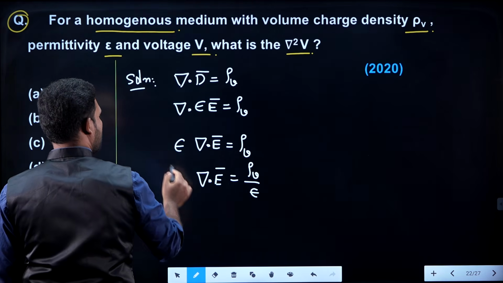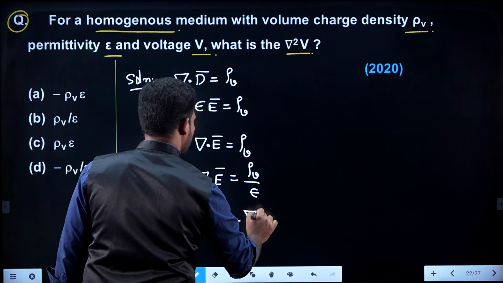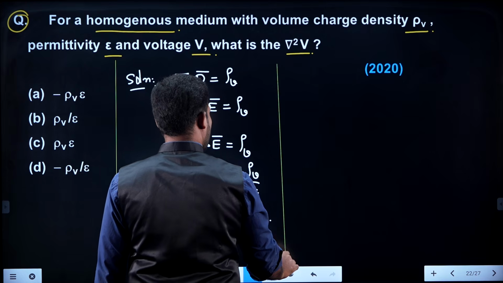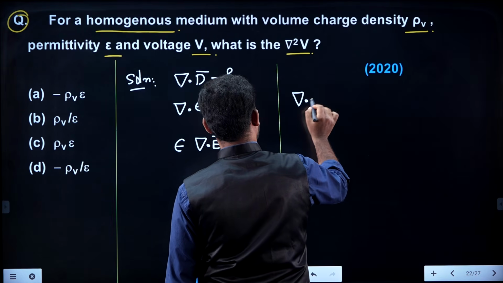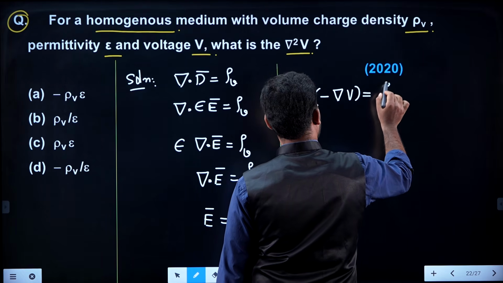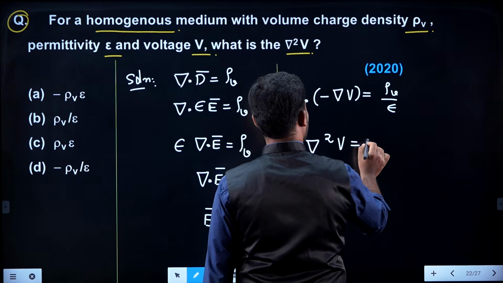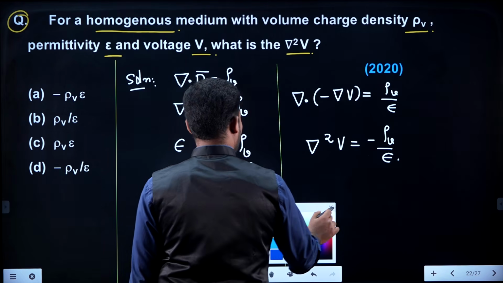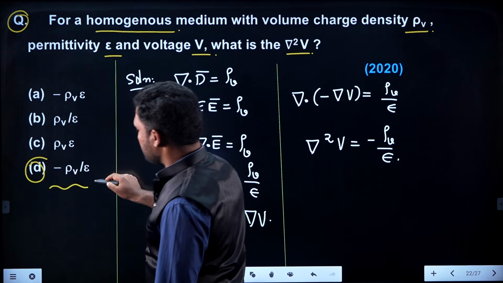Here you can bring this epsilon outside and you can substitute E is equal to minus gradient of V. So, divergence of minus gradient of V is rho V by epsilon. So, this will become del square V is equal to minus rho V by epsilon. This is called Poisson's equation, isn't it? Directly it is minus rho V by epsilon. Option D is the answer.